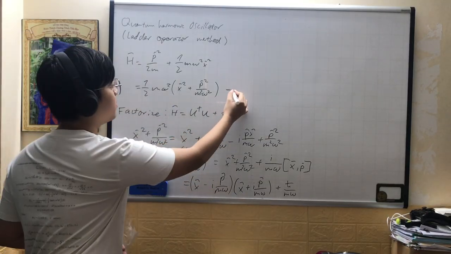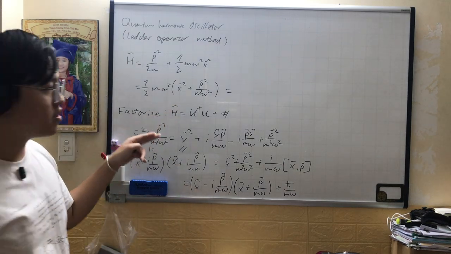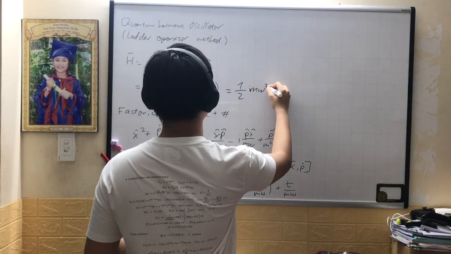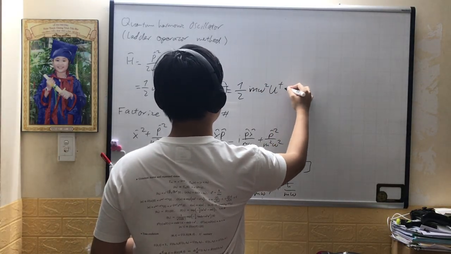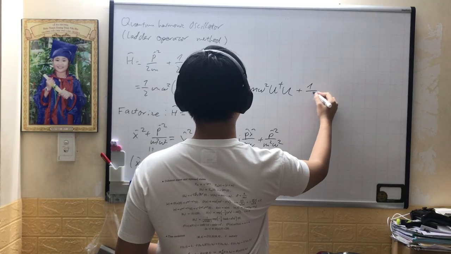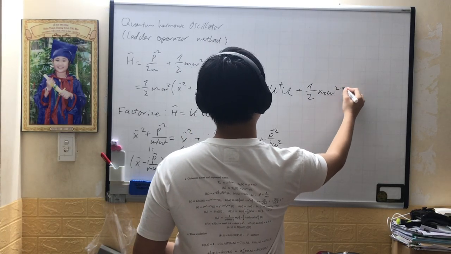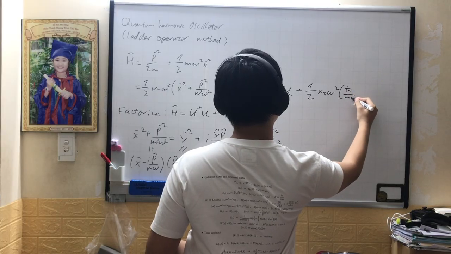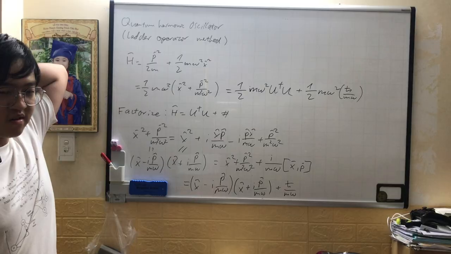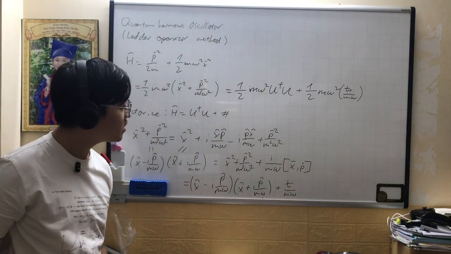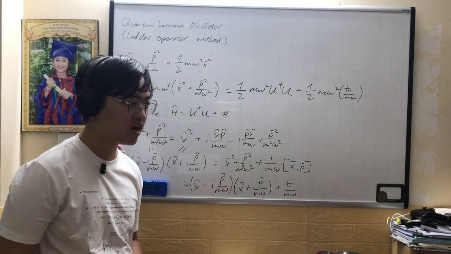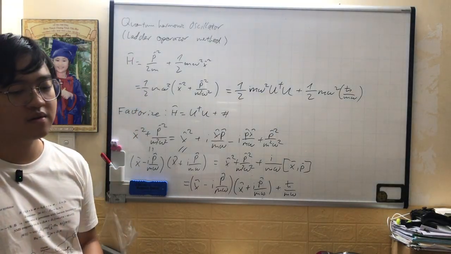So when you substitute it back into our Hamiltonian, what you would get is u dagger u plus the number. There you go, that would be what you get. Now we can move on and consider the commutator between our u and u dagger.